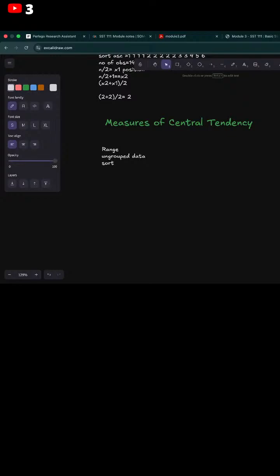It does not have boundaries or anything. For calculating range, we sort the data in ascending order.